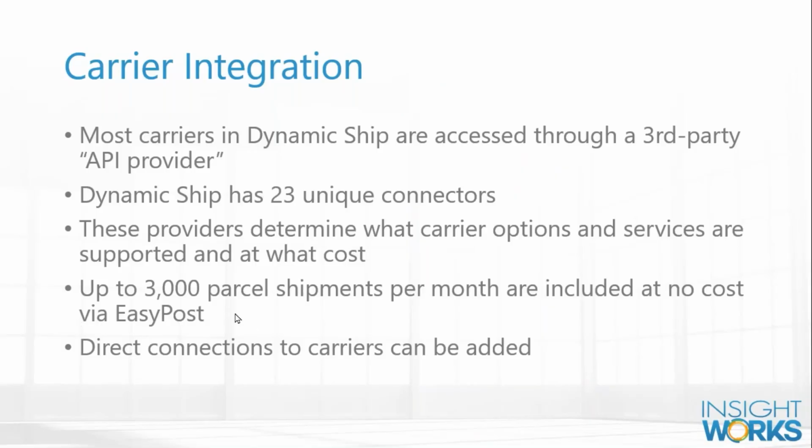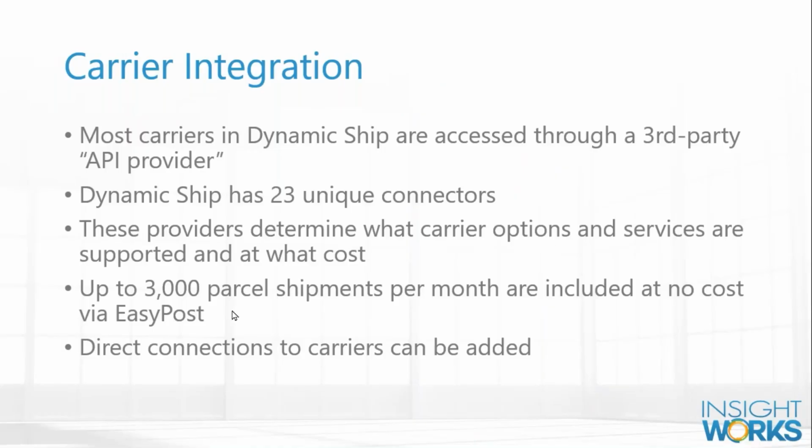Now, on the parcel side, EasyPost provides up to 3,000 shipments a month at no additional cost if you're using their carrier accounts. If you bring your own, there's going to be a per label cost with EasyPost currently. And again, we have some other options that don't have per label costs as well. We find EasyPost is currently a reasonable cost, and you get a lot of benefit from that in addition to just labeling.